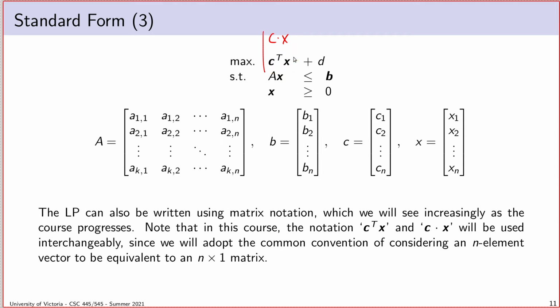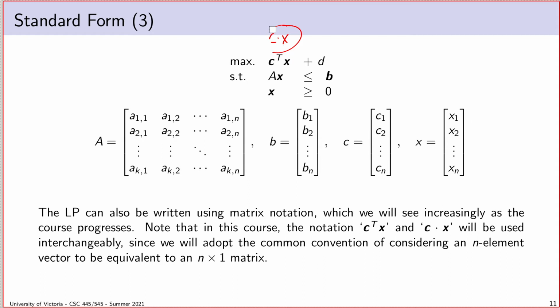And if it's my choice, if I'm not forced to work with matrices, I will generally use the dot product notation. But I am now giving myself a complete license to use dot products and this n by 1 matrix multiplication c transpose x interchangeably, because I define them to be equivalent under the usual assumption that we can view an n element vector as being an n row and 1 column matrix.